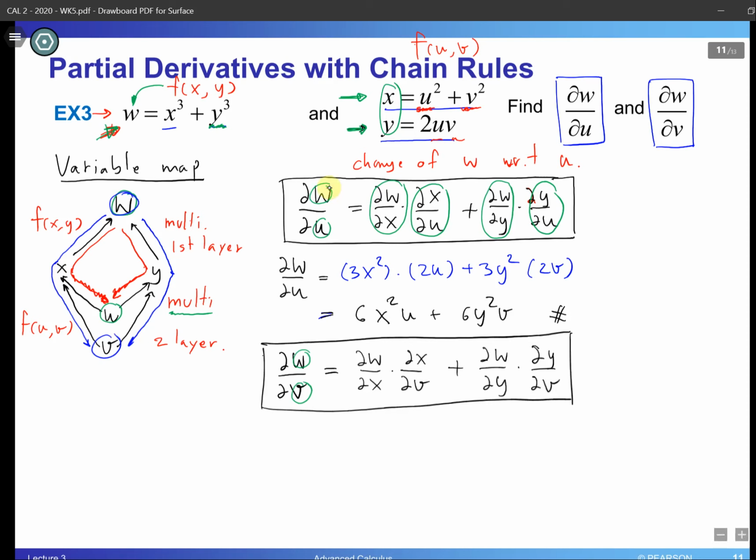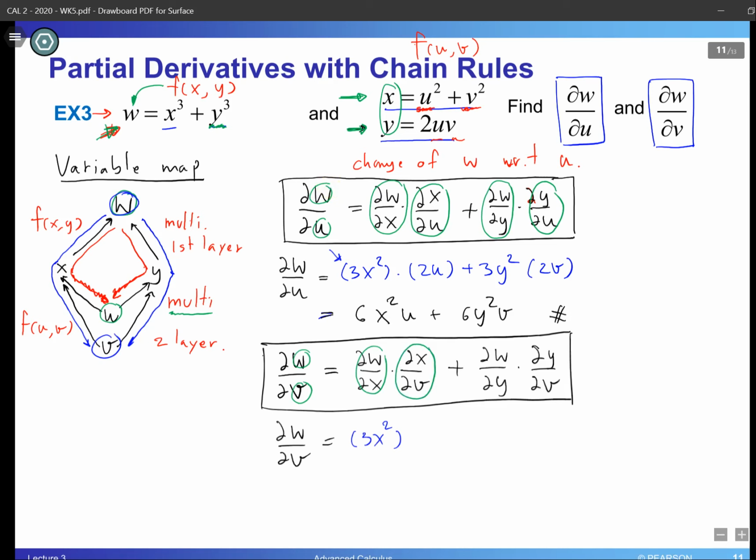So here dw with respect to v is going to be equal to, let's find all these terms really quickly. dw by dx, we have found that up here, and it's going to be equal to 3x squared. So we can reuse that, 3x squared. And then we are supposed to find partial derivative of x with respect to v.